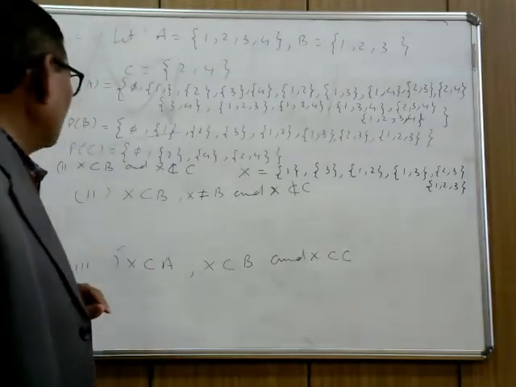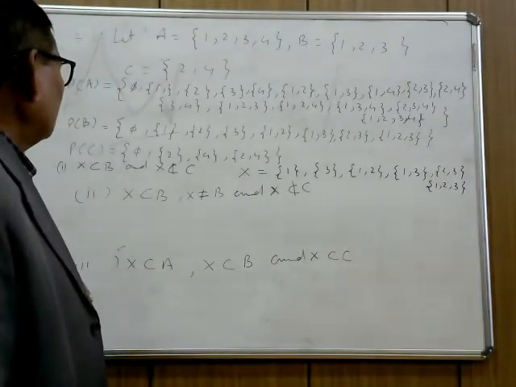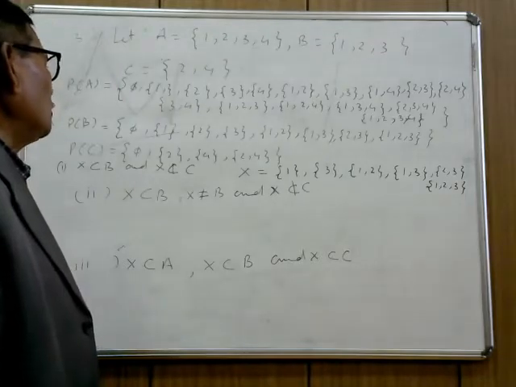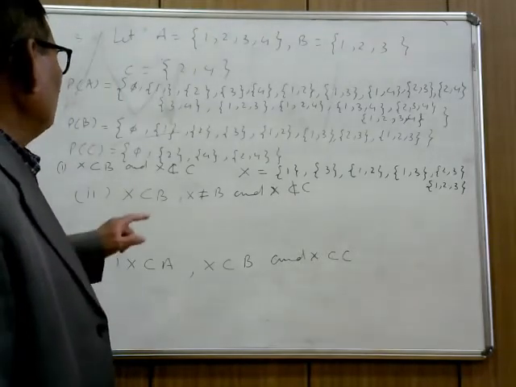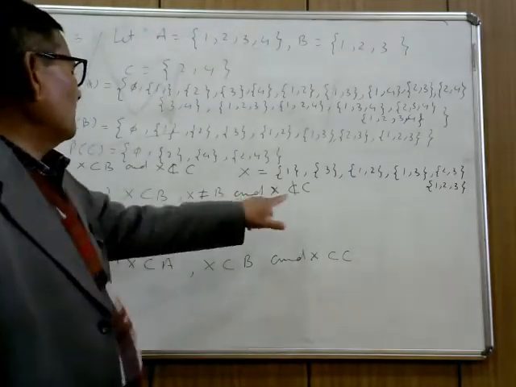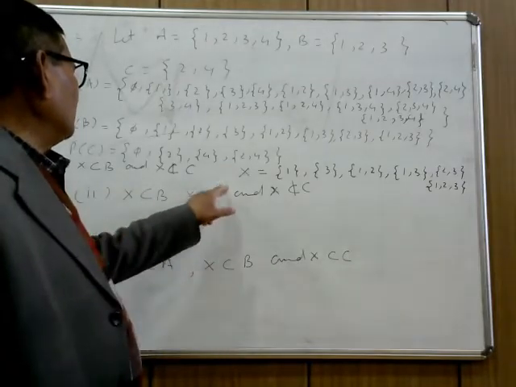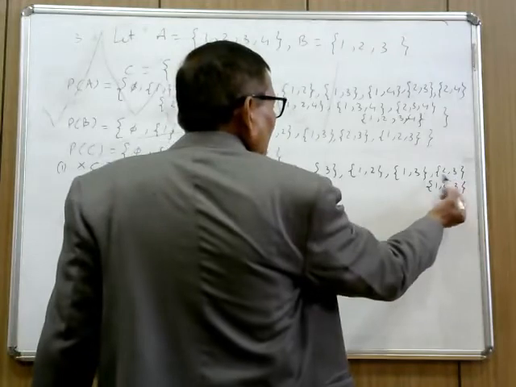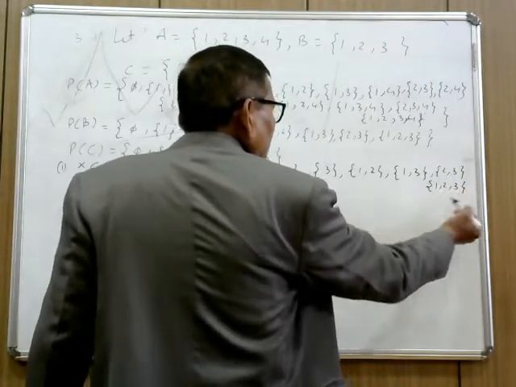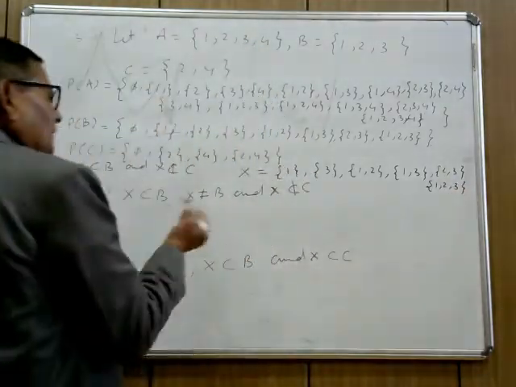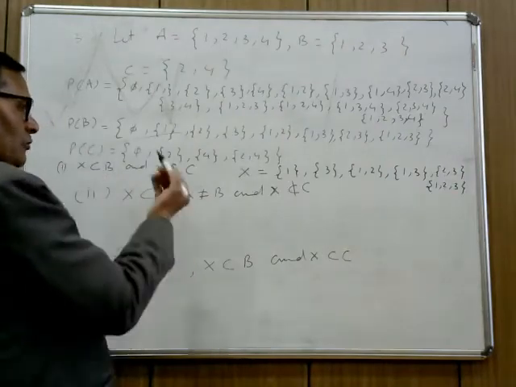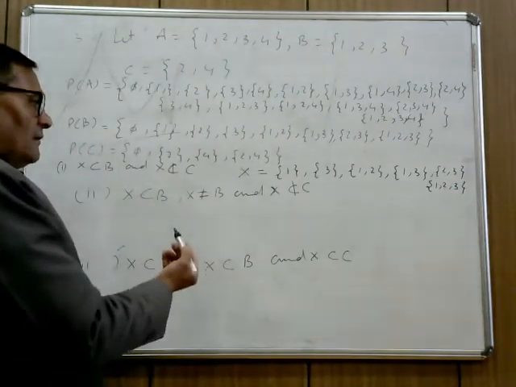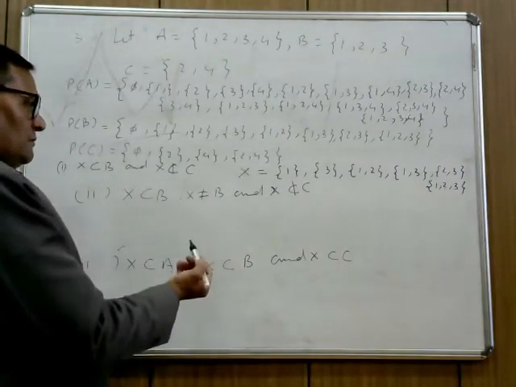Now come to the second part. X is a subset of B, but X is not equal to B. These two conditions are there. There is only one extra thing, that is X is not equal to B. In this case, you delete the element X equal to B, only for this part. So the moment your conditions change, you change your solution.